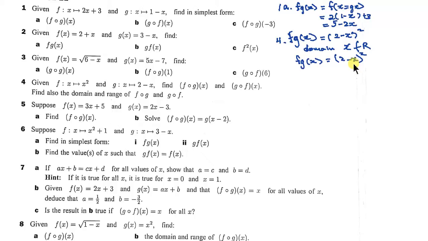So the first thing to notice is fg(x) has to be positive. Now, let's talk about the value of x. When x is equal to 2, what happens to the base?